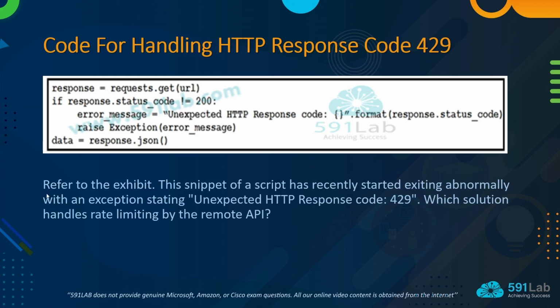The question is, refer to the exhibit. This snippet of the script has recently started exiting abnormally with exception on unexpected HTTP response code 429. Which solution handles rate limiting by the remote API?